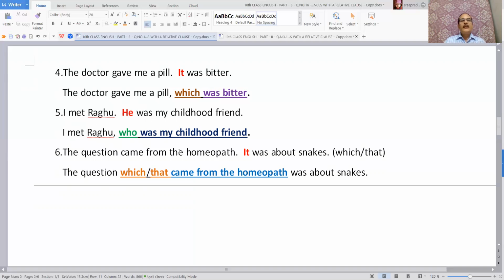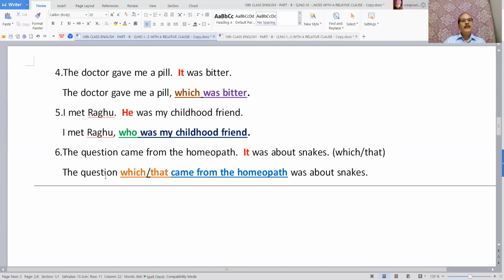The question came from the homeopath. It was about snakes. What does "it" mean here? The question that came from the homeopath. So it refers to the whole statement in the first sentence. So in place of "it" we can use "which."